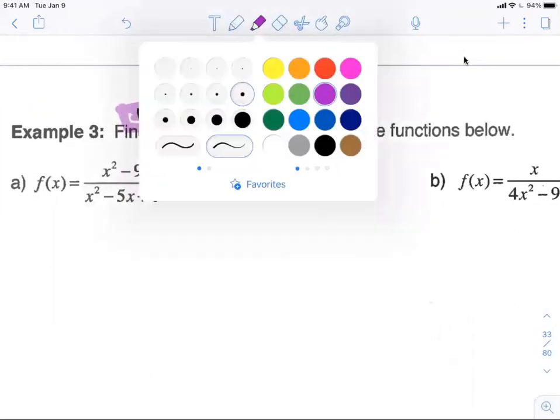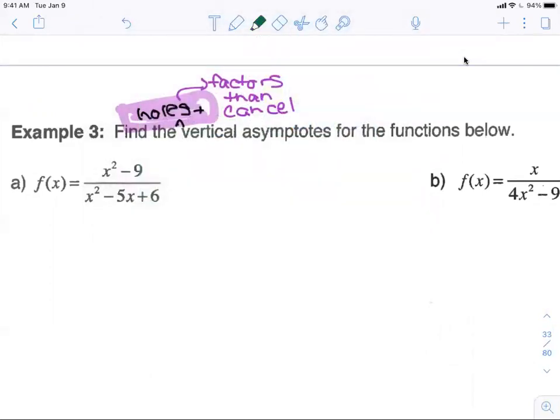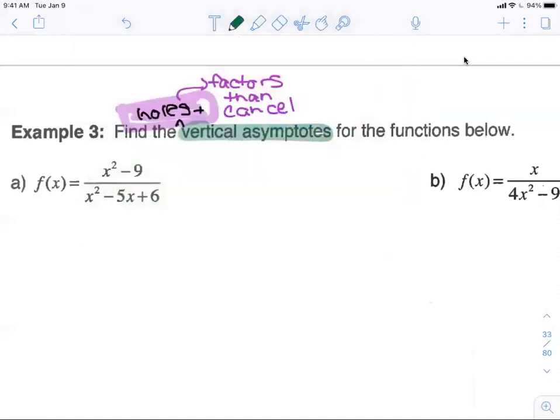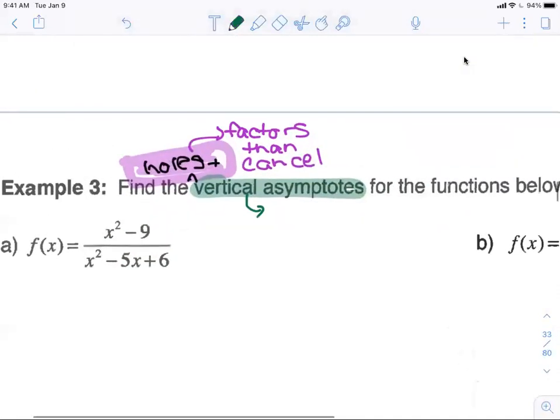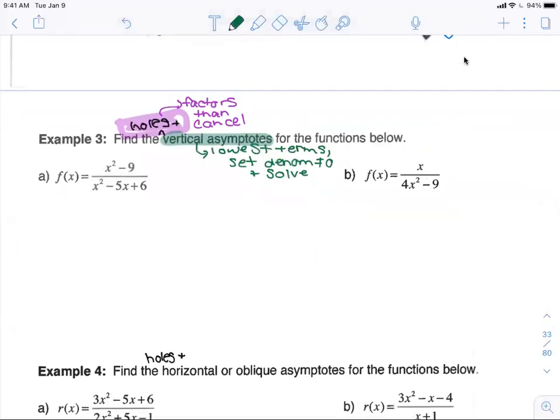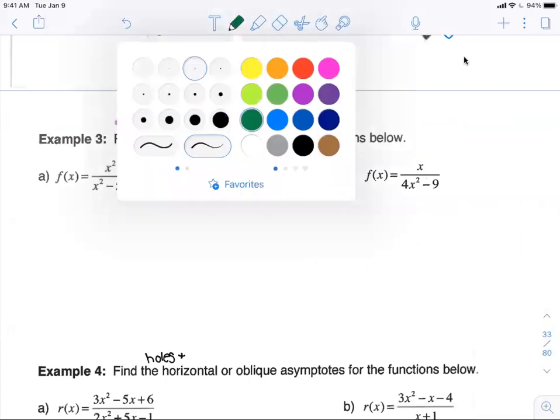Vertical asymptotes: once you factor it, and in lowest terms, you're going to set the denominator equal to 0 and solve. Okay. So let's take a look at this problem here. We're going to go ahead and start by factoring it, okay?